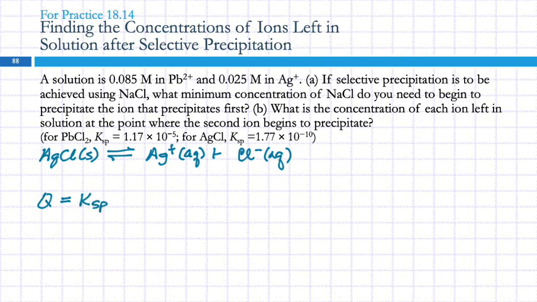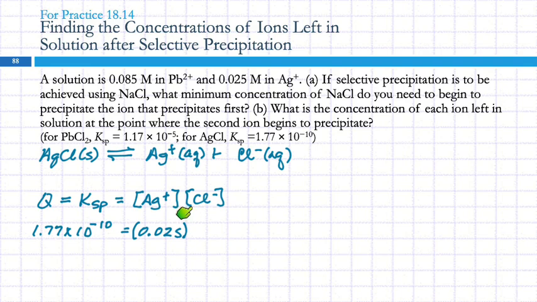That's where it's going to begin to precipitate, and that's calculated using the concentration of the ions in solution. We know KSP is 1.77 times 10 to the minus 10. We know the silver concentration, 0.025. And we're trying to figure out what the chloride ion concentration is.